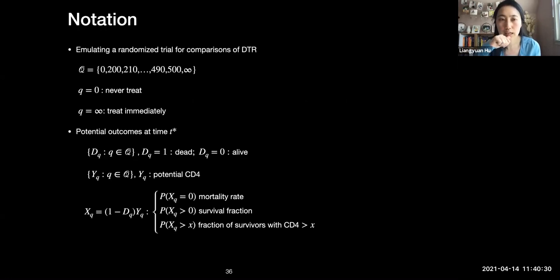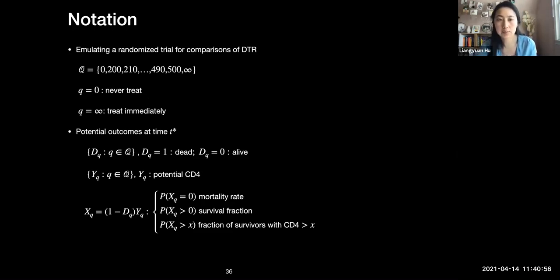Okay, so our strategy is to emulate a randomized trial in which we would randomly allocate patients to follow specific DTRs. Q can take a value from a user-supplied set. We use Q equals 0 to denote never treat, and Q equals infinity to denote treat immediately.